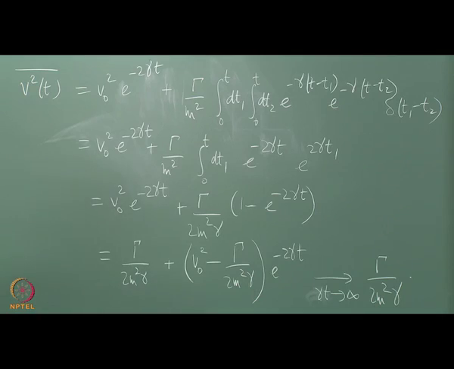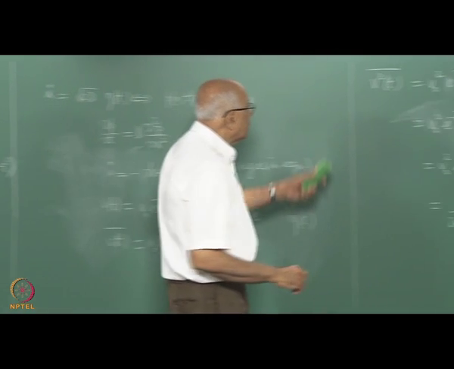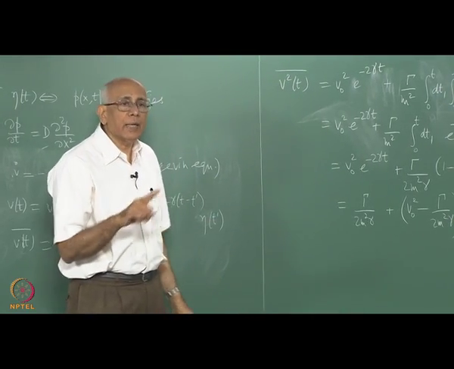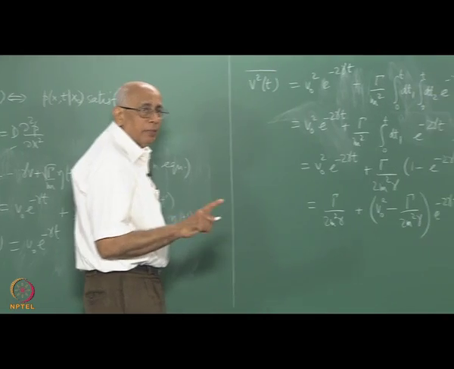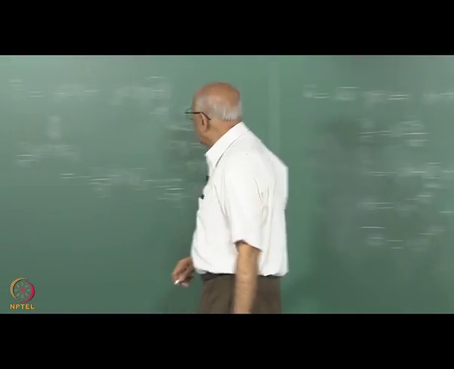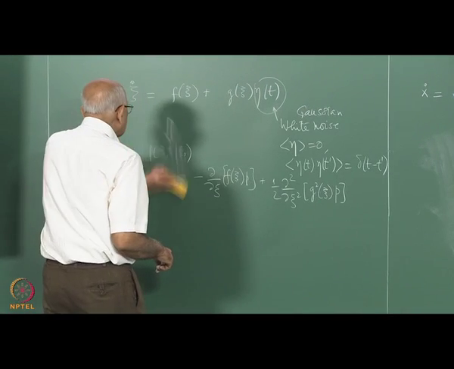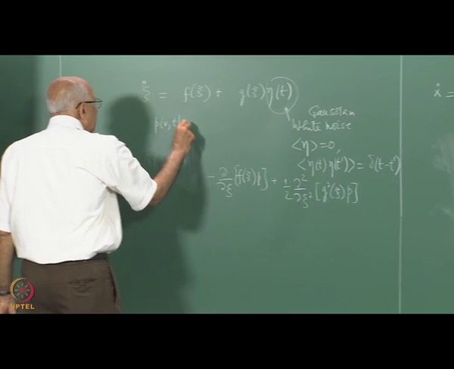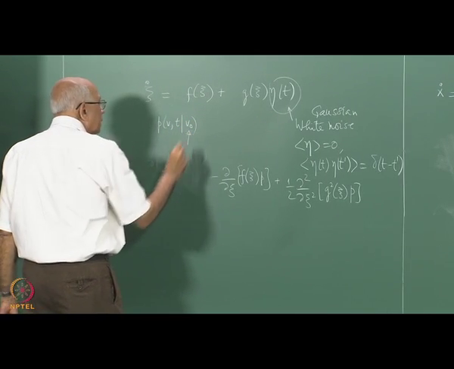Independent of the initial condition, it has forgotten the initial condition and it tends to some fixed limit. Okay. So remember that this average is being taken over a conditional density, the condition being that the initial condition is V0. So really that average is being taken over this P of V(t) given V0, this thing is given to you.